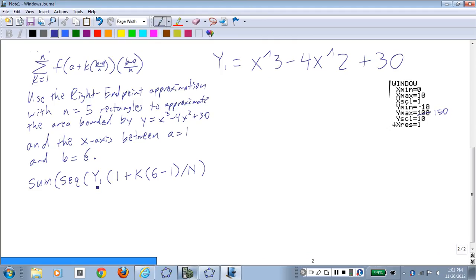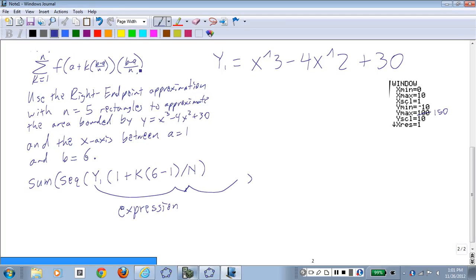Basically, all of this first part is going to be the expression. There's an expression, and we're going to evaluate that expression for k equals 1, evaluate that expression for k equals 2, evaluate that expression for k equals 3, all the way to k equals n, and then stop, and then it'll add them all up.